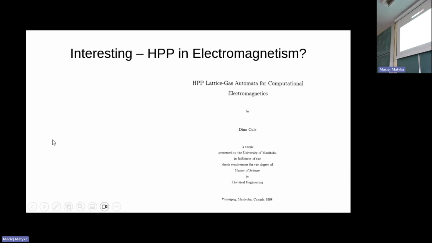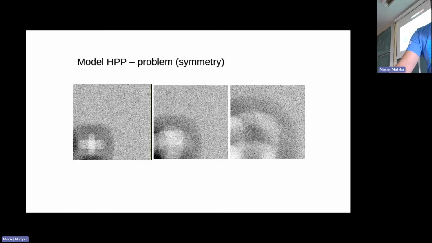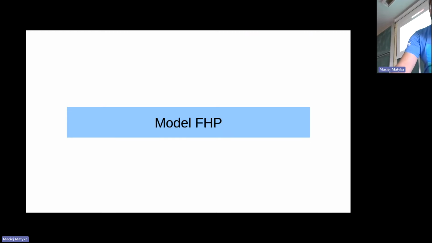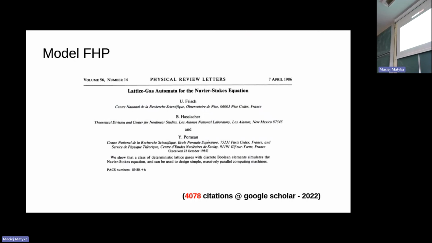So now HPP, electromagnetism. People are doing so. Just to mention the paper, the problem with symmetry is visible, and okay, FHP. In '86 there was a paper from Frisch, Hasslacher, Pomeau, who immediately made this change from the rectangular towards a hexagonal grid and showed that the problems of those symmetries are solved.